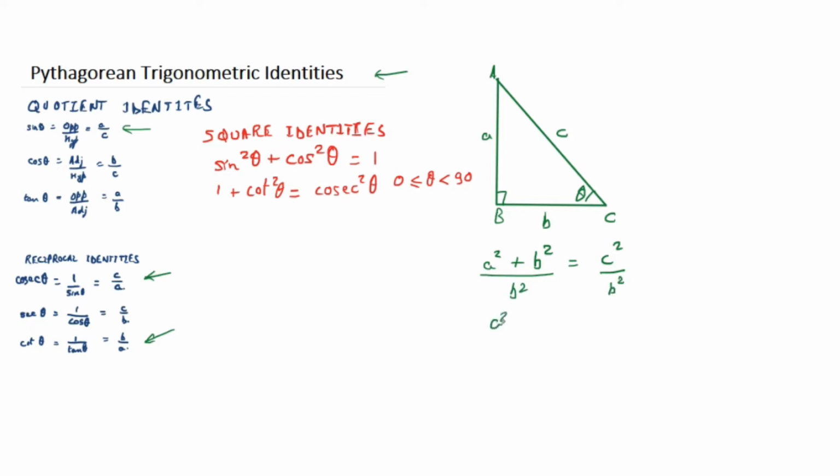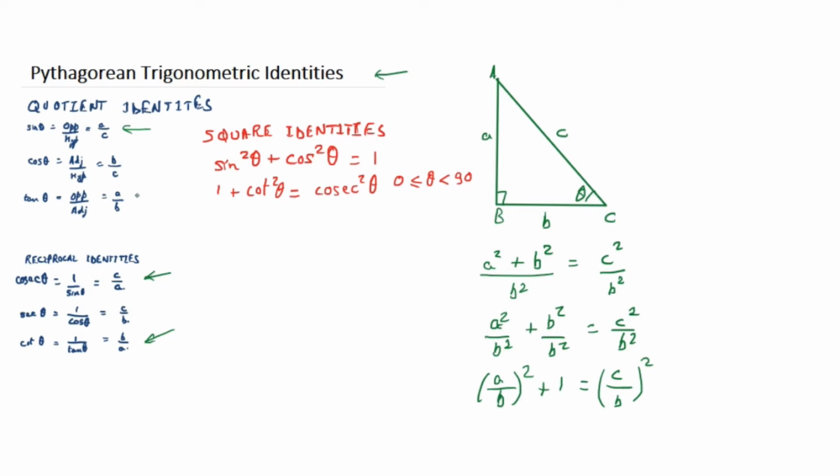So I get a square over b square plus b square over b square is equal to c square over b square. A square over b square, I can write it as a over b whole square. B square over b square gives me 1, and c square over b square I can write it as c over b whole square.